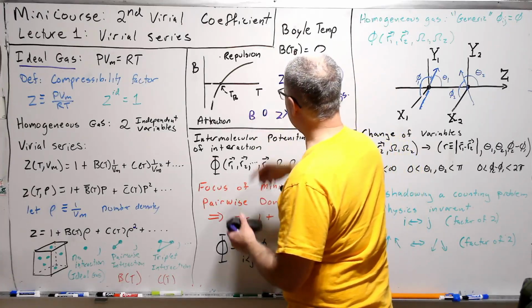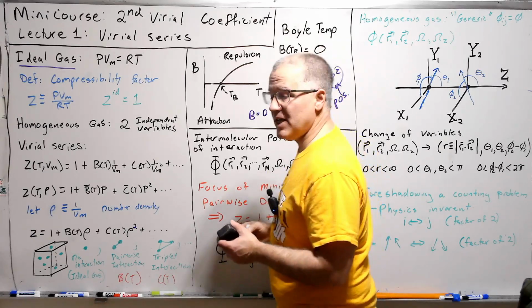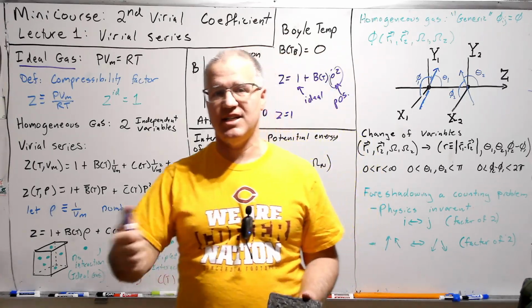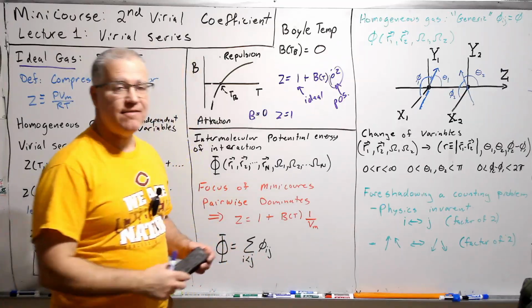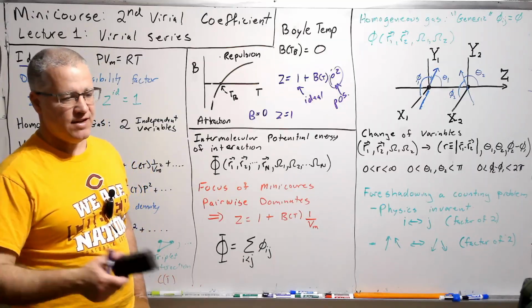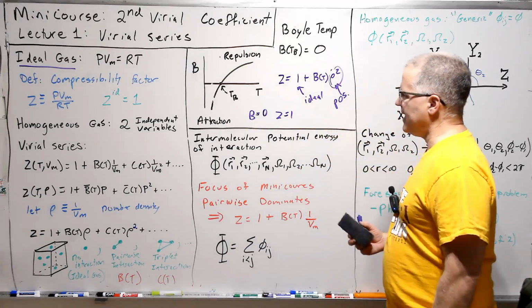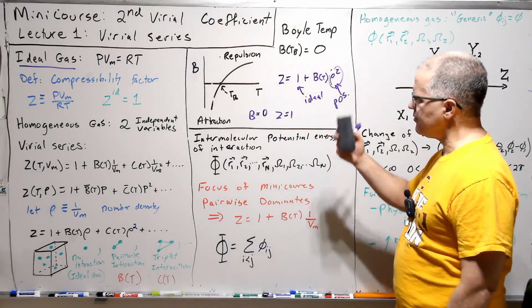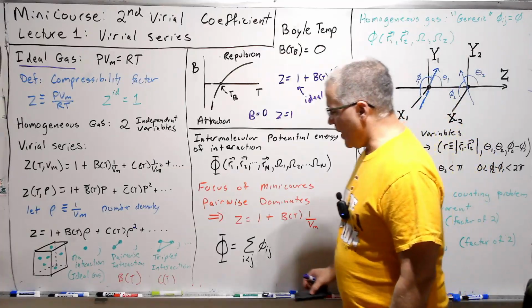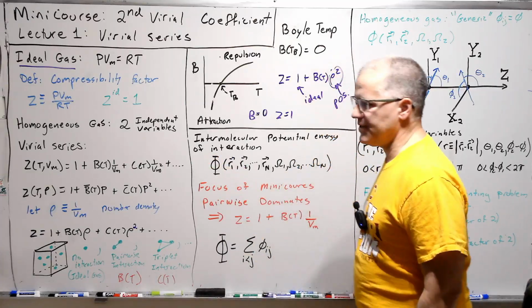So if B were to equal 0, then Z equals 1, even though it is not an ideal gas, but it is behaving very much like one. So at or near the Boyle temperature, even under non-ideal conditions, the gas will behave very ideal-like. Okay, so the Boyle temperature is important. Where it is says things about the type of intermolecular forces and so on. So a very important concept in physical chemistry.